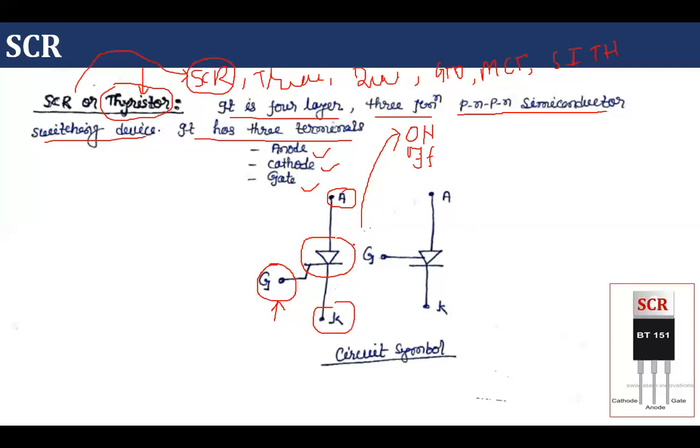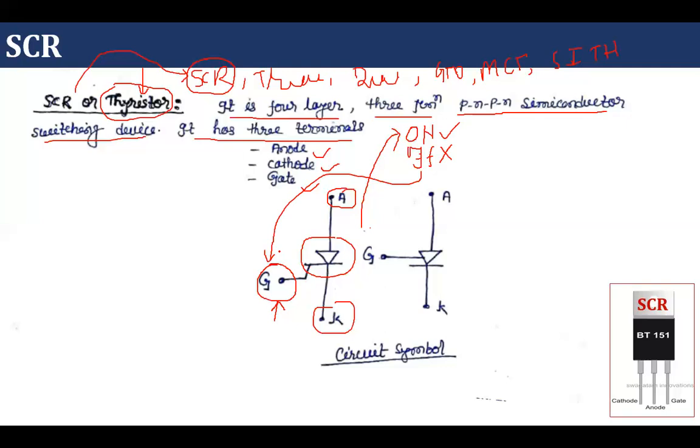But this device, the silicon controlled rectifier, is a semi-controlled device. It means we can only control its on state; off is uncontrollable. Off cannot be controlled with the help of the gate terminal, and that's why it is known as a semi-controlled device.